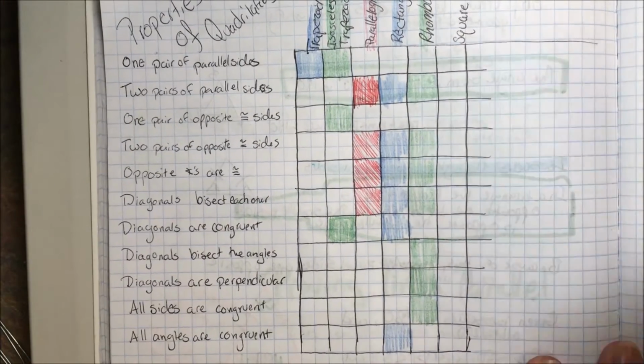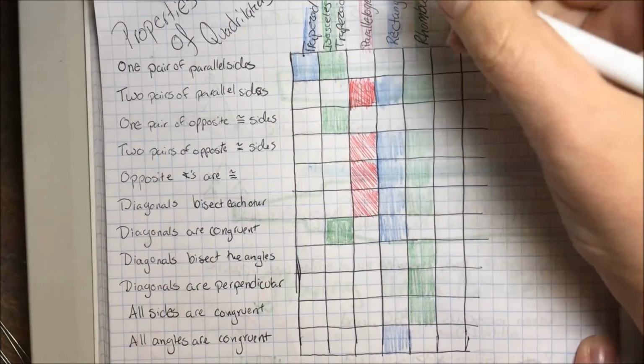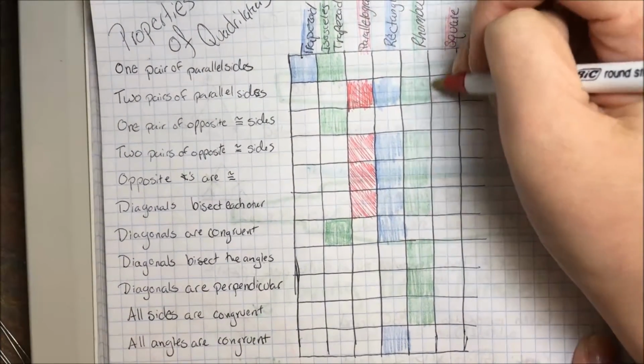The last one is a square. And in a square, it has all the properties of a parallelogram, a rectangle, and a rhombus.